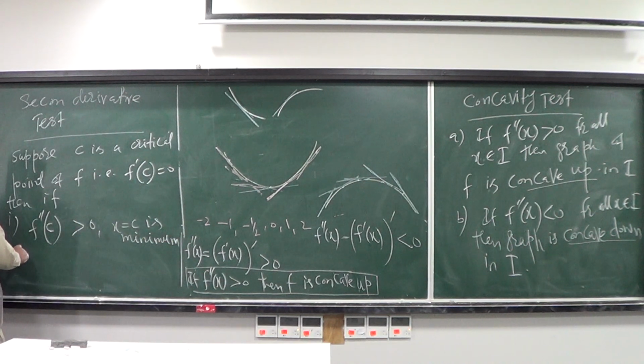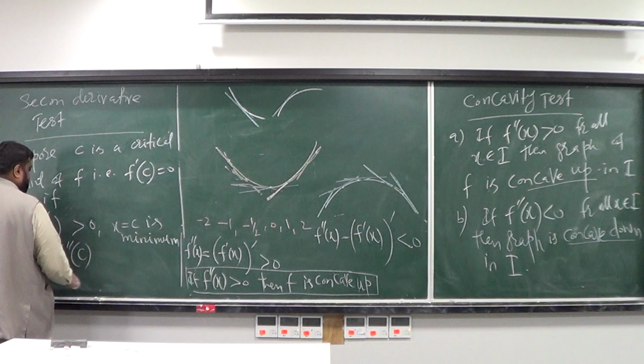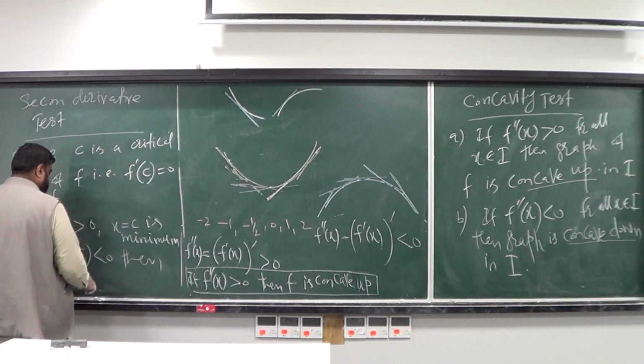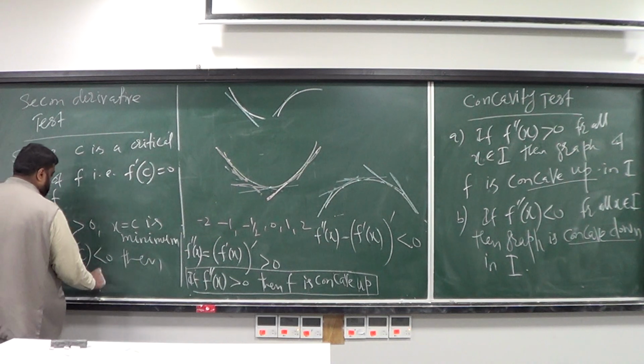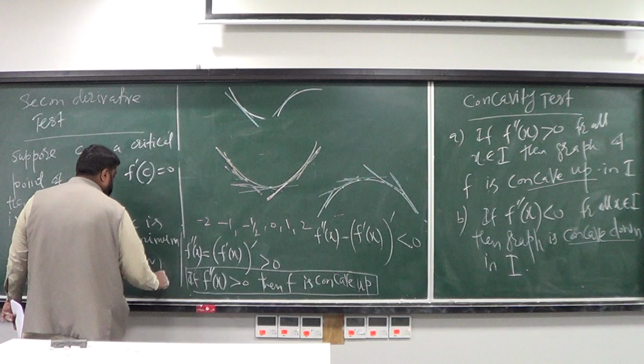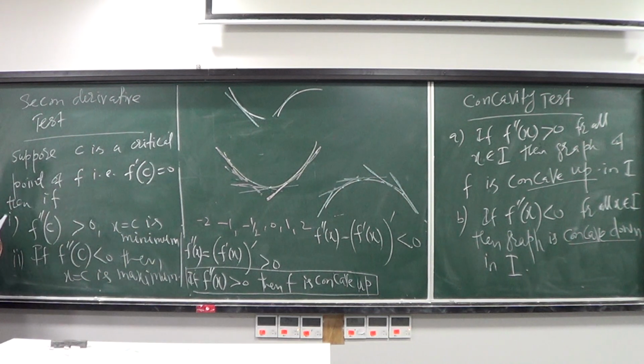And second, if f double prime of c is negative, then x equal to c is a maximum. This is what we call the second order derivative test.